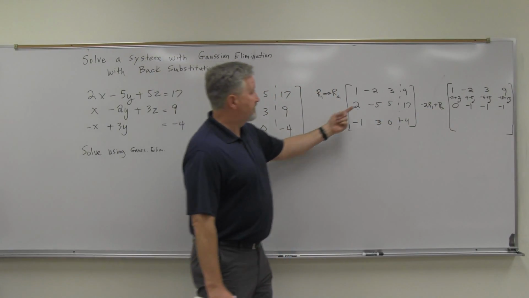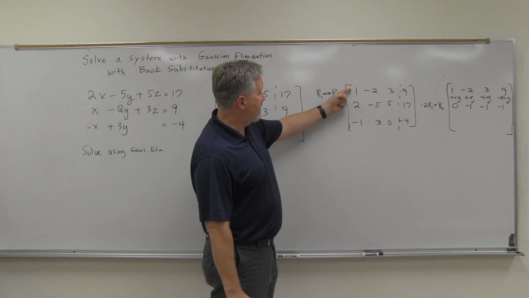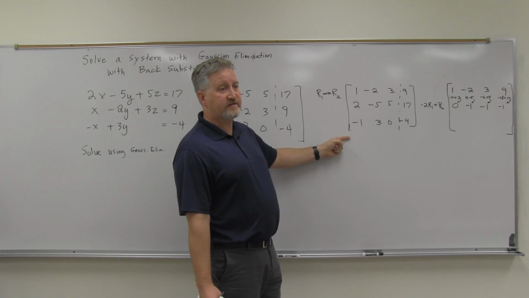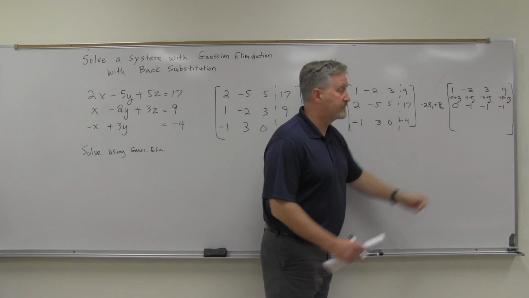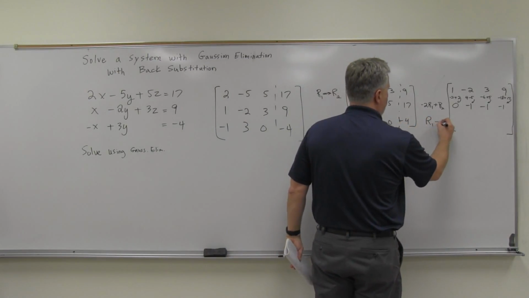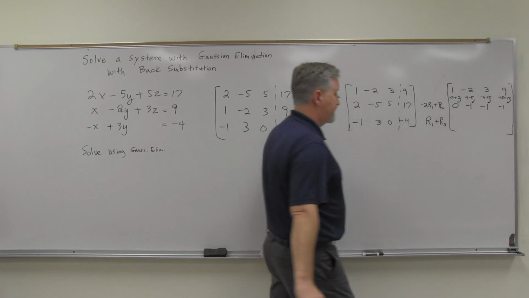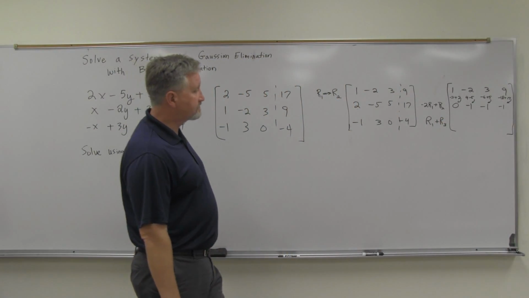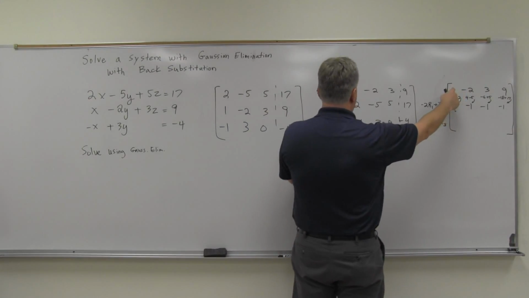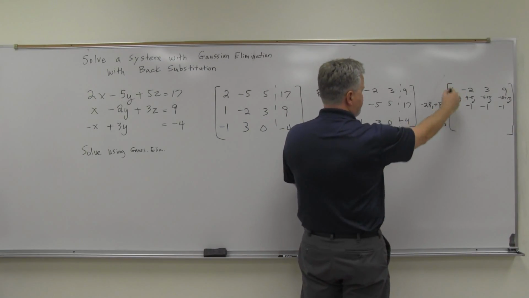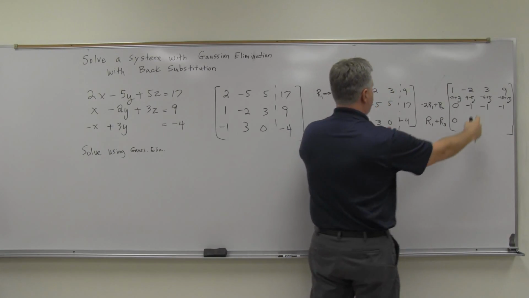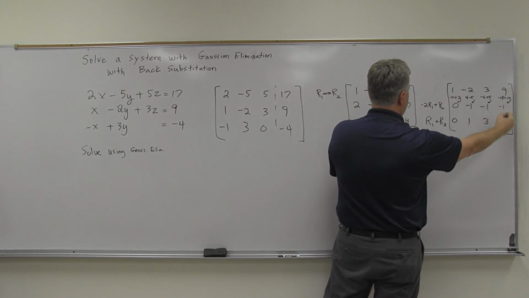To combine steps, it's real easy because couldn't I just add row 1 and row 3, and that gets me a 0 here, doesn't it? So now we're just adding row 1 and row 3. That'd be 0, 1, 3, and 5.